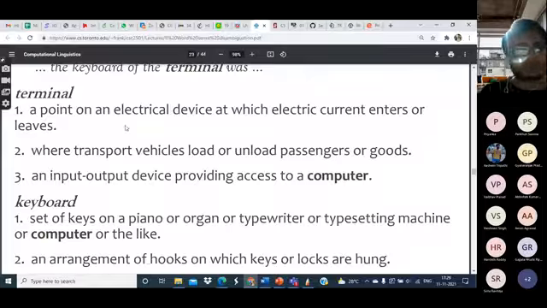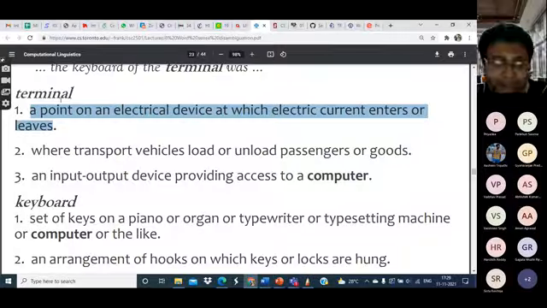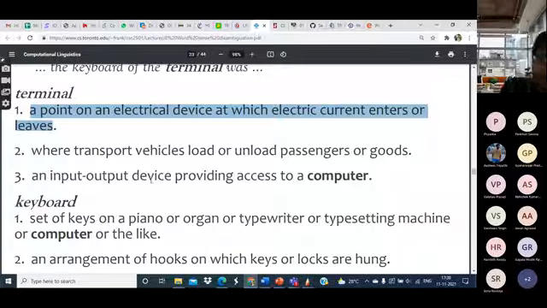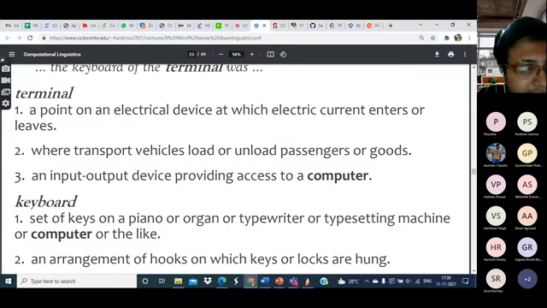So the target word terminal has three senses, and the context word keyboard has two or three senses. What we are now going to do is take every sense of the target word and see whether it has any intersection with any sense of the context word or not.